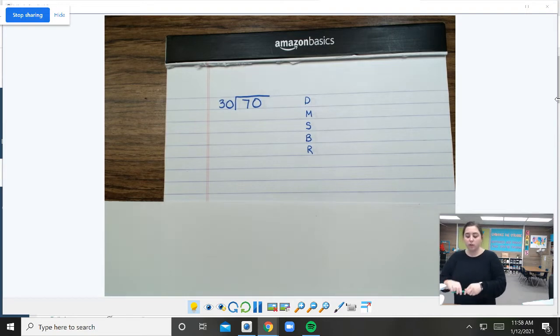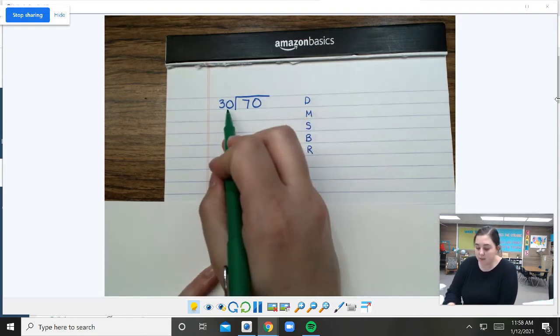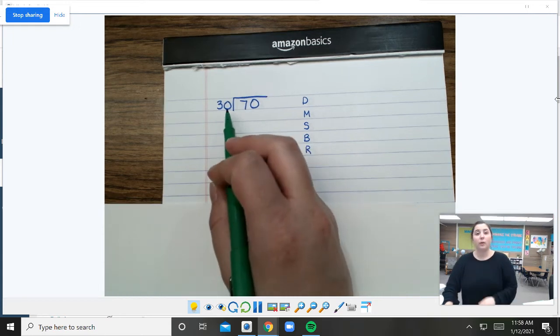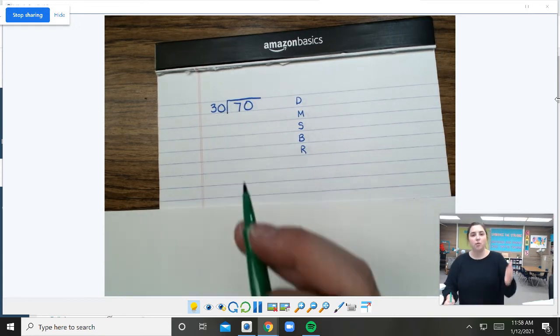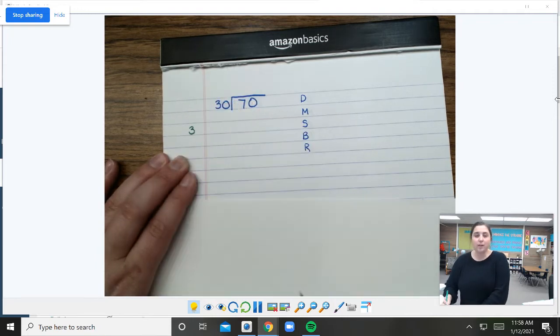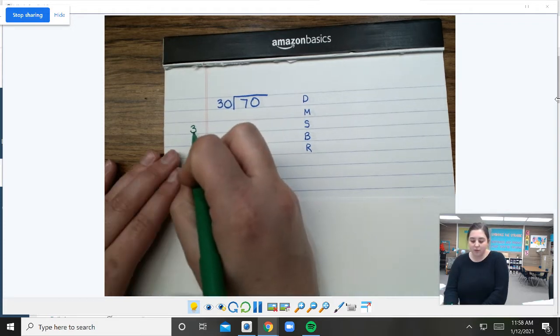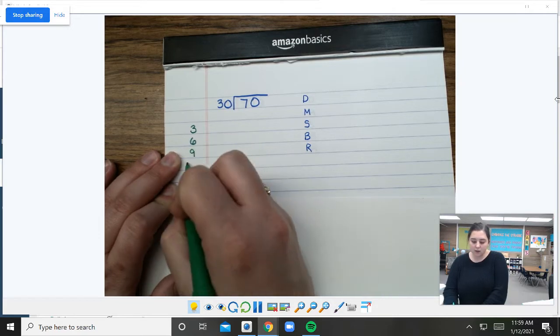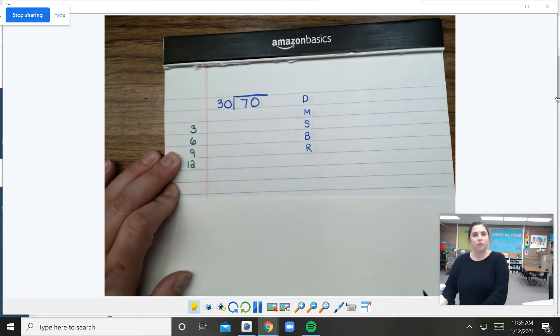So in order to start thinking how many times does 30 go into 70, I need to be able to count by 30s. And if you struggle with this, if you know how to count by threes, you know how to count by 30. So here's what I mean. Counting by threes, I'd have 3, 6, 9, 12.